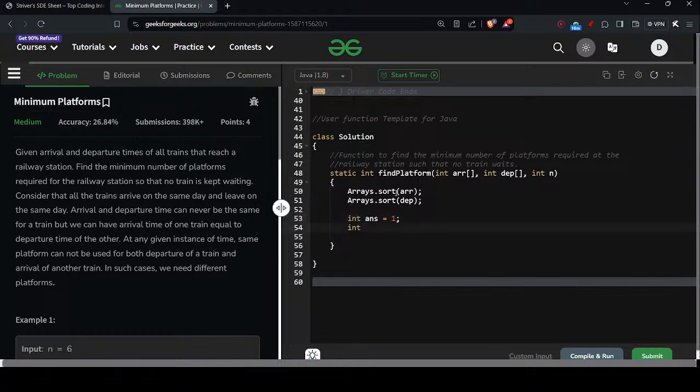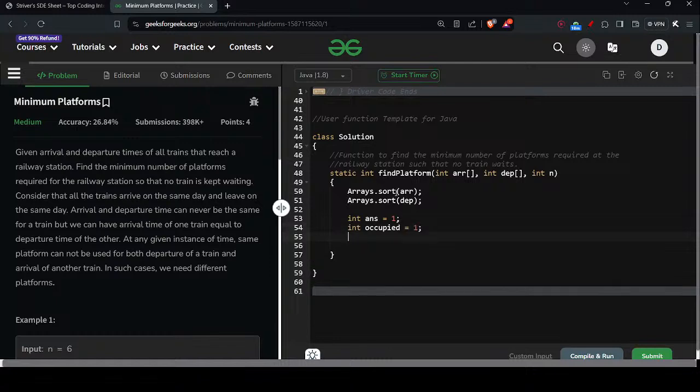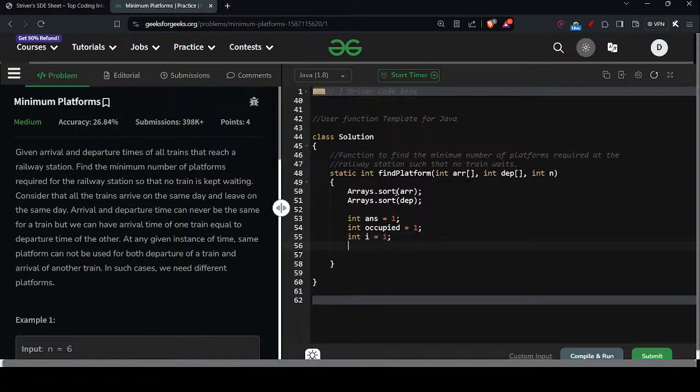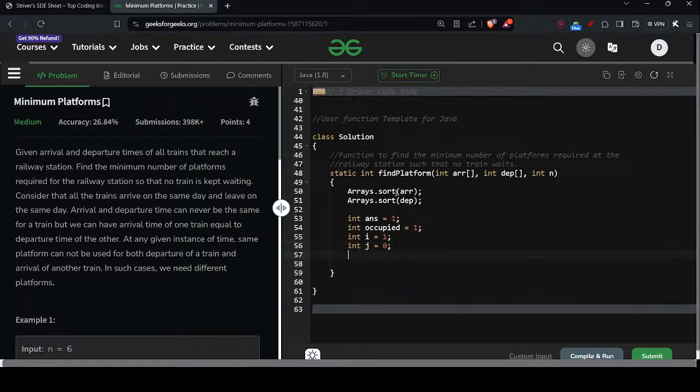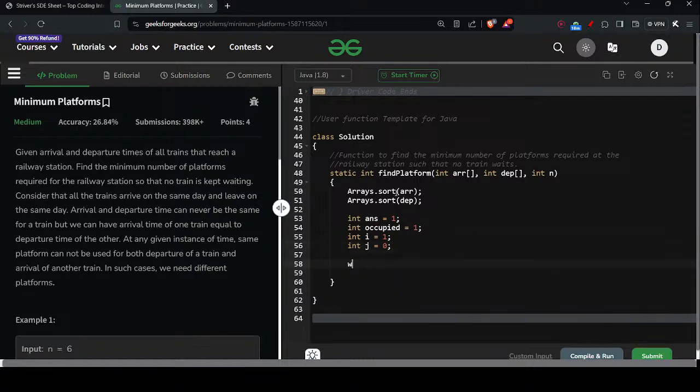We are keeping at least one needed. Currently occupied equals 1, keeping it as default. What else do we need? I and j: int i equals 1, int j equals 0. J is for maintaining the departure time, and I is for arrival time.